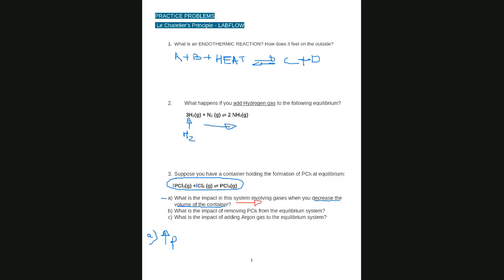Let's go to question B then. What is the impact of removing PCl5 from the equilibrium system? Somebody said shift to the right? Why to the right? It's correct, it's very good, but why to the right?